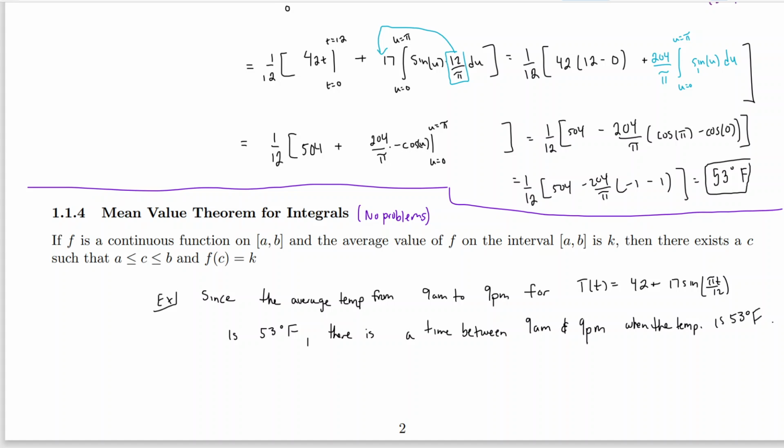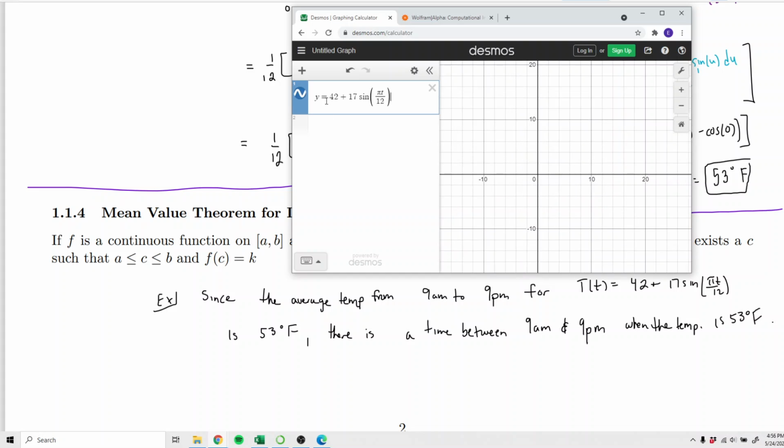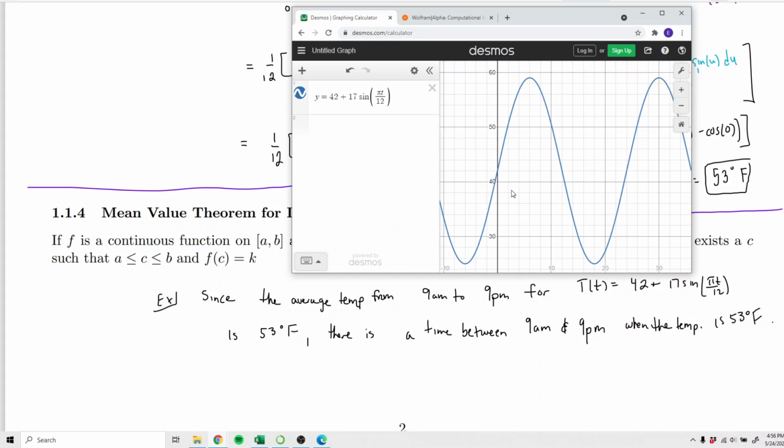And you can actually graph it here to check it and understand that it works. So let's go ahead and just graph it real quickly. We have y equals 42 plus 17 sine of pi times t divided by 12. Right, and the temperature is between average at 42, so it's going to be way up here. And we want to look at the temperature from 0 to 12.